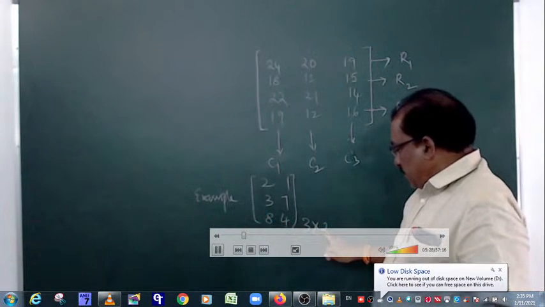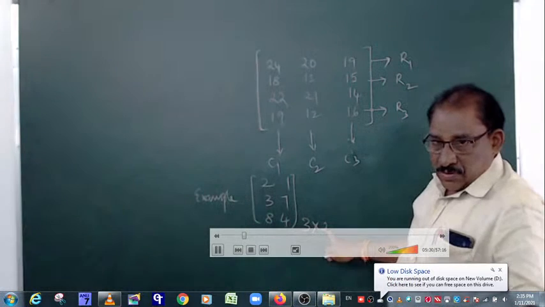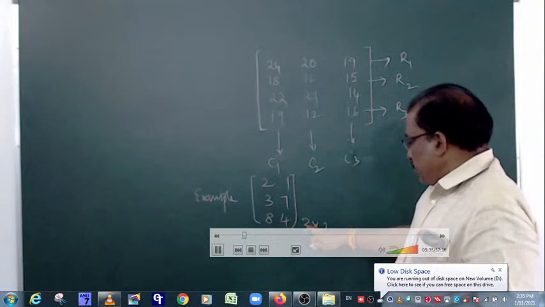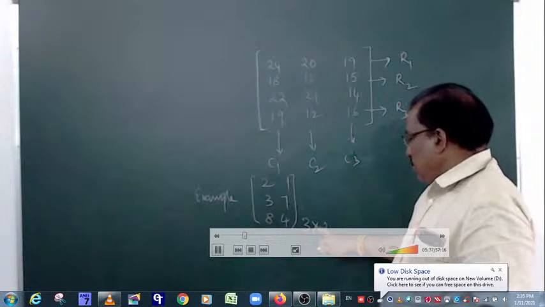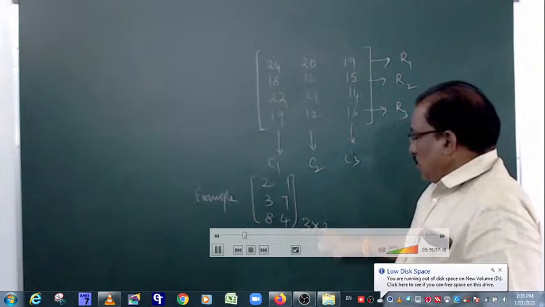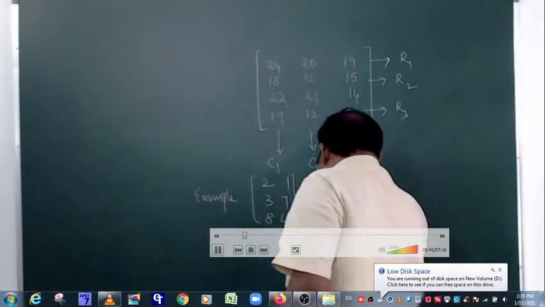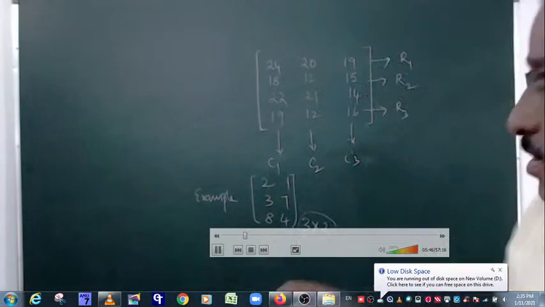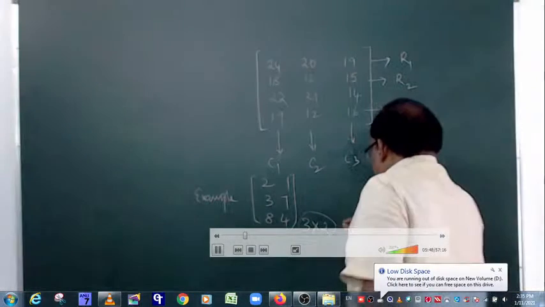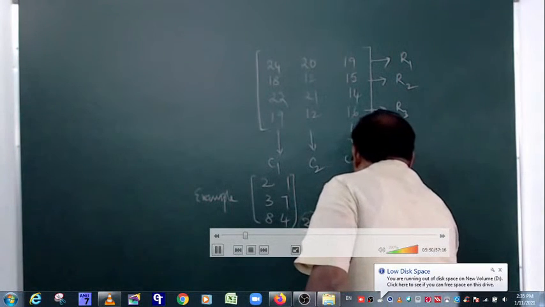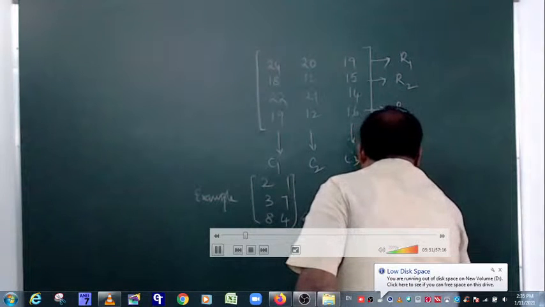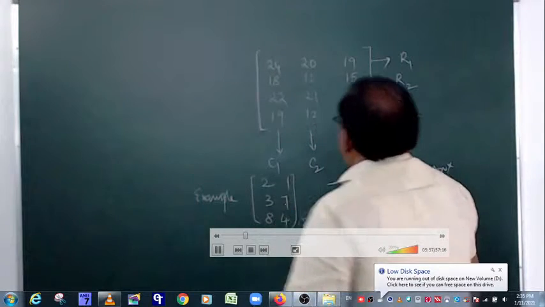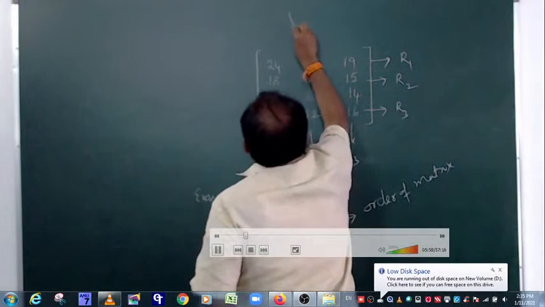Therefore, I write 3 by 2. Generally we say 3 by 2 and write 3 × 2. This shows the number of rows and the number of columns. This is simply called the order of the matrix.